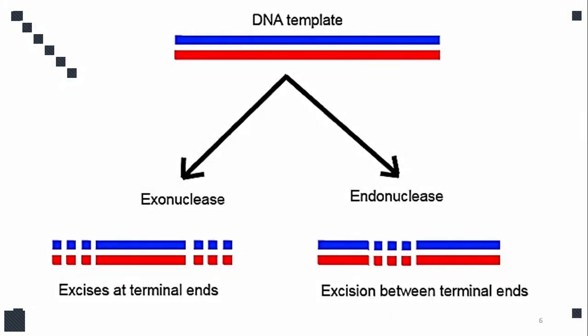So this is again a classical example to buttress the idea of exo and endonucleases. You can see this is your DNA molecule. If you apply exonuclease, it will eat up this molecule from the terminal. If you apply endonucleases, it will go within the molecule and degrade it.